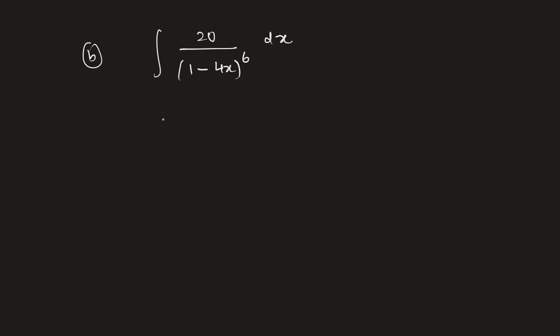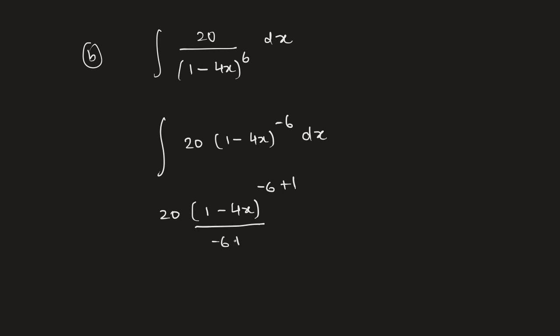I can rewrite this as 20 times (1 minus 4x) to the power negative 6 dx. Now 20 is a constant, so I can keep it outside. Integration of this would be (1 minus 4x) to the power negative 6 plus 1, whole divided by negative 6 plus 1.